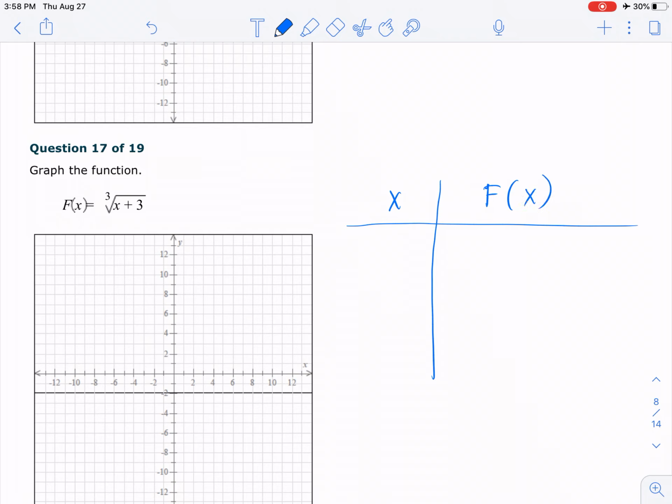Because we have 3 in there, the first cube I can think of is 8. So I can pick x to be 5, because when you put 5 in here, you're going to get 8, and when you take the cube root, you get 2.